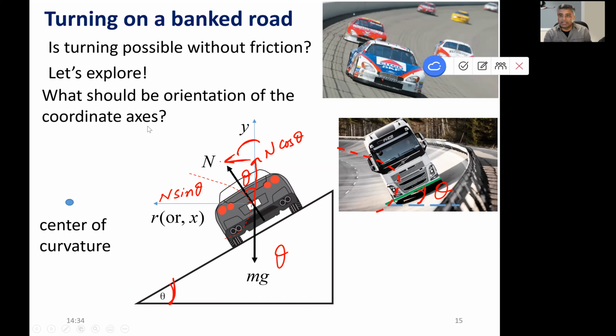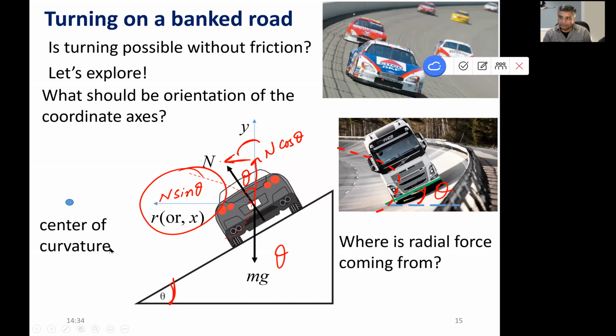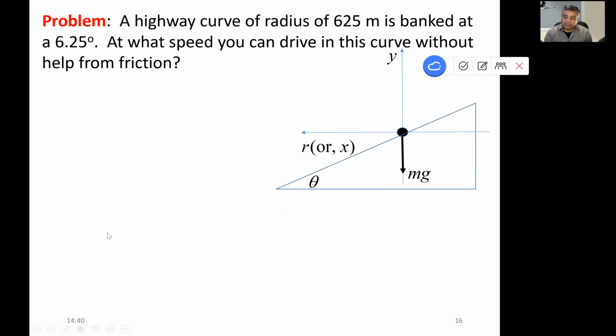Okay. So that's how we make the free body diagram for this banked car. Once we have the free body diagram, the net force is this, that is equal to mv squared over r. The same thing. So the radial force is the component of that normal force. Oh, they are already written there. So I'm moving to the next slide to make room, but basically it's the same problem with some numbers, okay? The same thing.